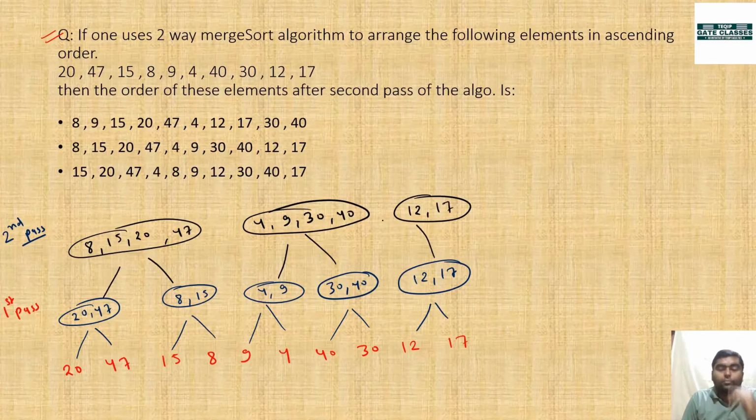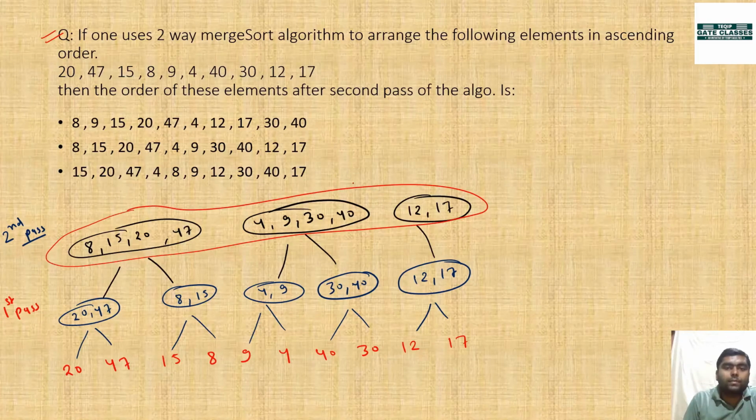Finally, this is the second pass, and which option is matching correctly to this particular sequence? 8, 15, 20, 47, and 4, 9, 30, 40 and 12, 70. This is completely matching this option. That's why this is the correct option, and the others are incorrect.